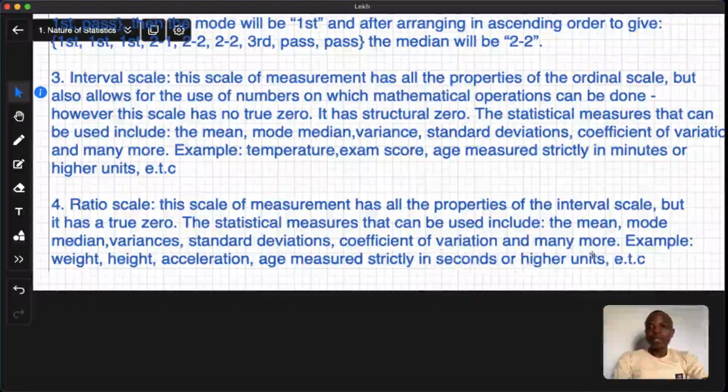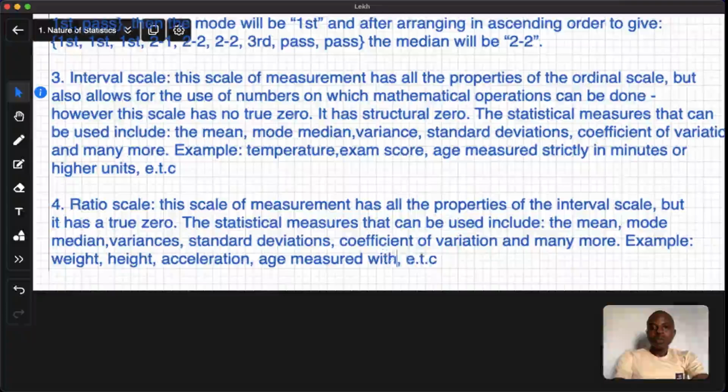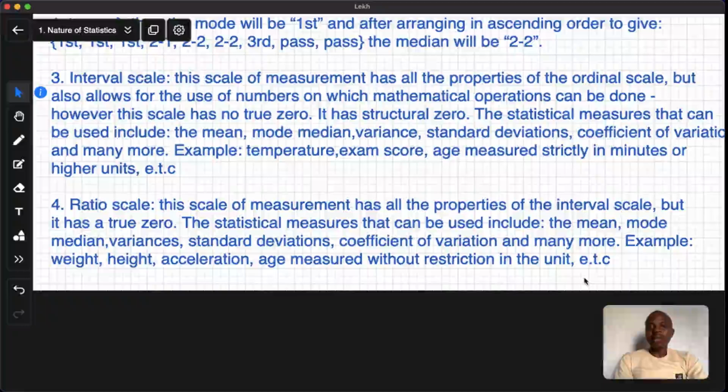Okay, not strictly again. Age measured without restriction in the unit. So let's assume we want to use hours. If we have maybe 2 hours plus some minutes, then you can have that as a fraction. Maybe you may have 2.02 or 2.1 or 2.3 hours.